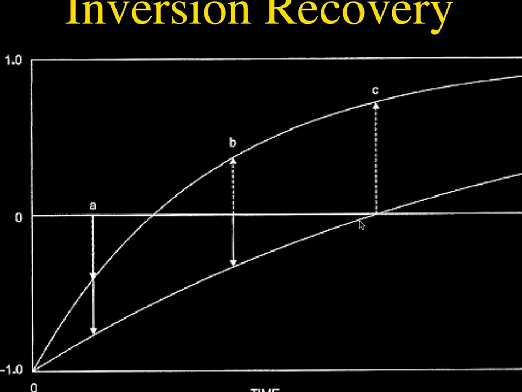With an inversion recovery, you start out not with a 90-degree pulse. You start out with a 180-degree pulse, which flips the bulk magnetization vector 180 degrees into the negative direction. If you just stopped at that point, after the 180-degree pulse you have no XY component, and therefore you'll have no signal.